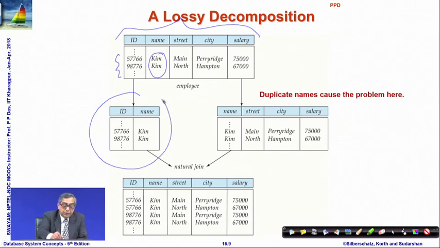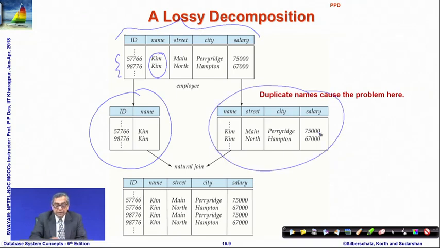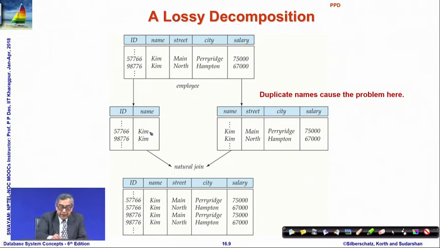When I decompose, I get this relation which shows ID and name, and this relation which against the name shows this. But when I try to join them by natural join, I not only get the combination of this with this, which is what I need, but I also get this combination as well, which are really not there in the original relation.